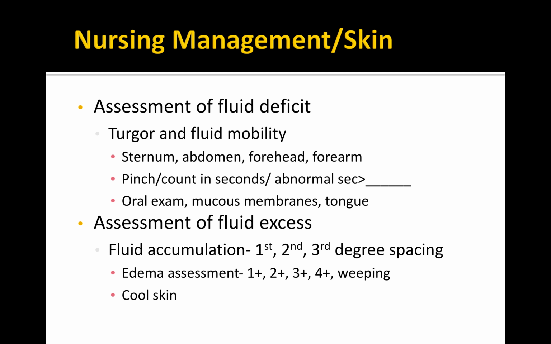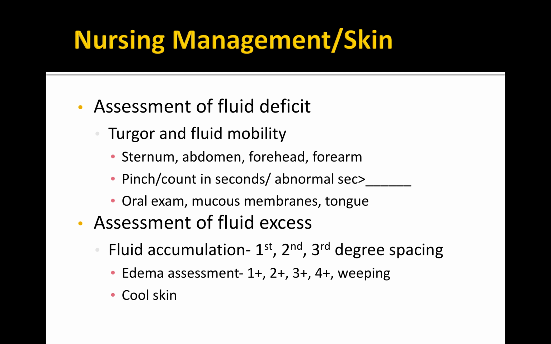Assessment of fluid deficit. Turgor and fluid mobility. Turgor is how hydrated the skin is. And we can look at the skin because we can see the skin and it's outside. A lot of times we'll look at the sternal area.